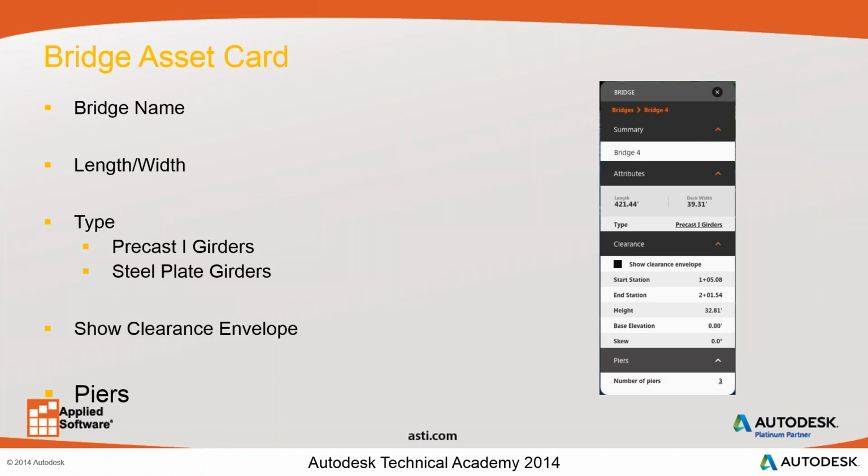As we're looking at some of the asset cards as we pick on a bridge or a road, we'll be able to input names with types in reference to precast or steel plate, and then show envelope clearance, and also take a look at different piers in terms of what it brings to the table from the legacy version of InfraWorks all the way to the current state.